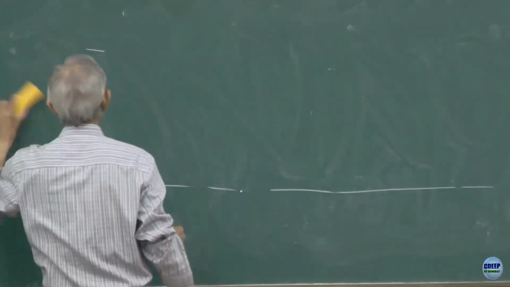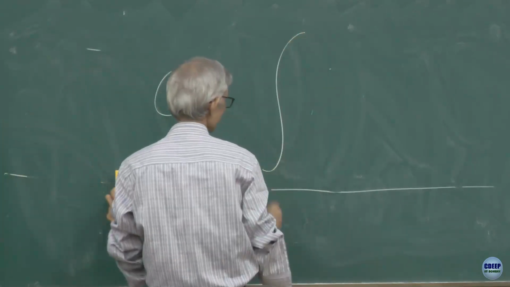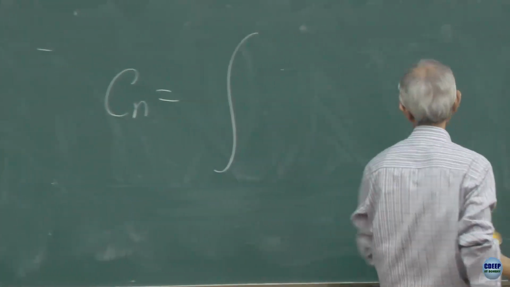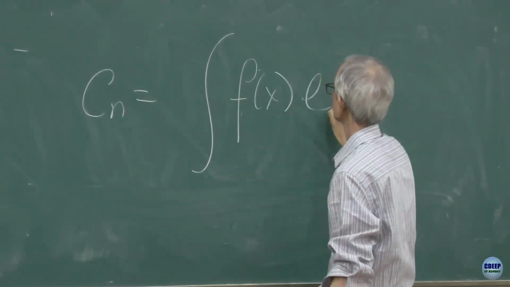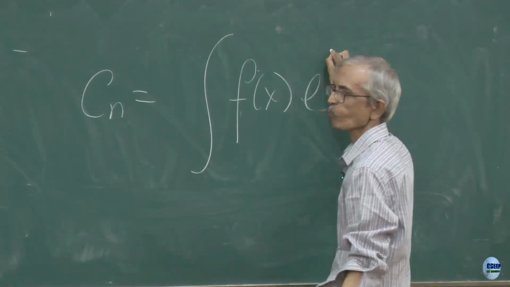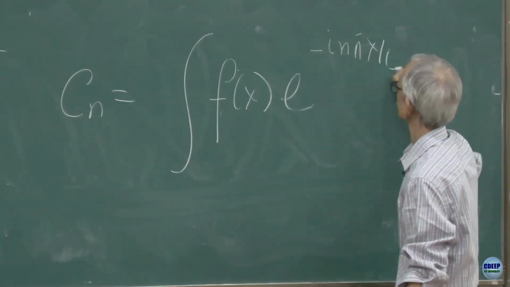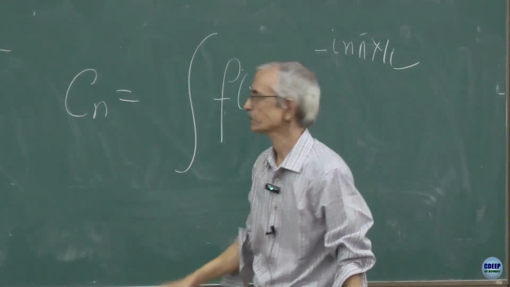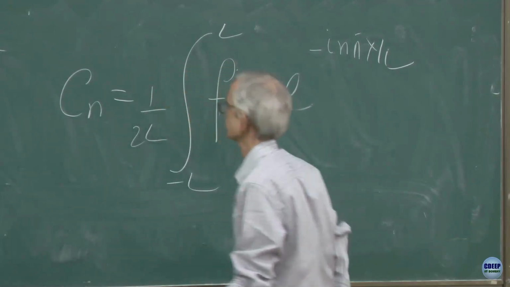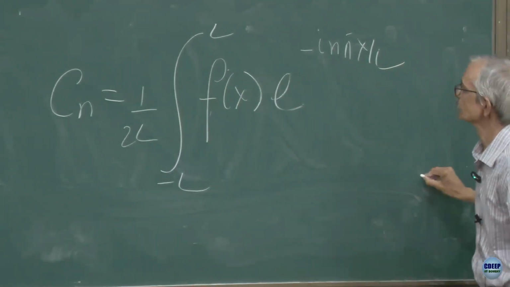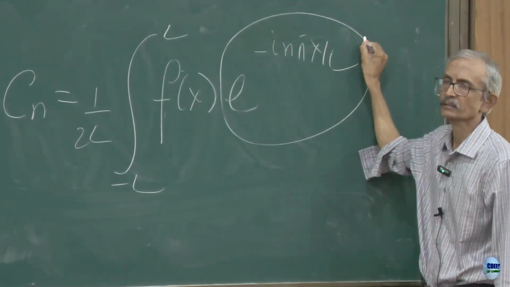Cn is equal to the integral of f(x) times e to the minus i n pi x by L, with 1 by 2L from minus L to L. So in general, this is a complex number, right?